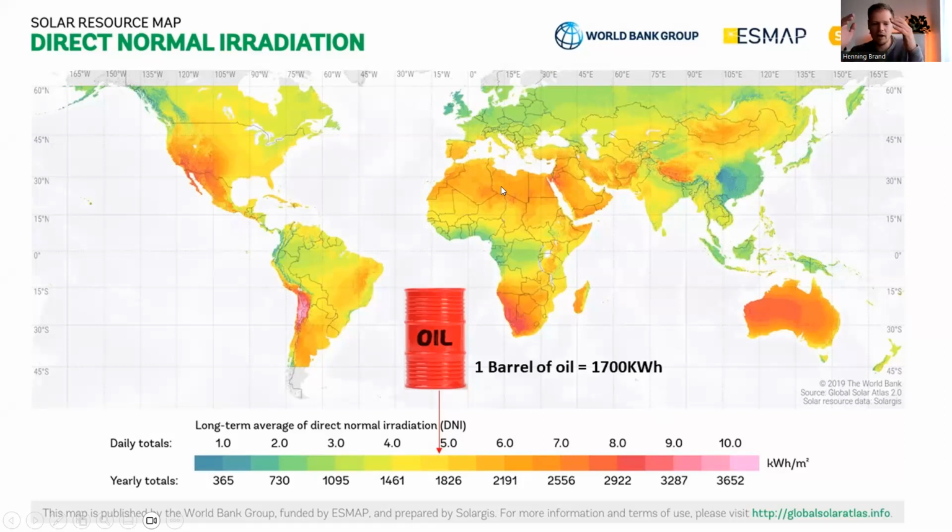That's how much solar is falling on the Earth's surface per square meter per year in these parts.